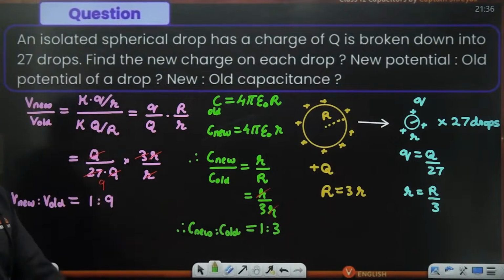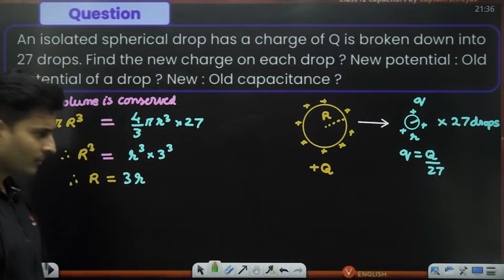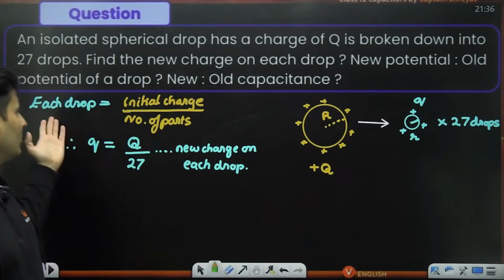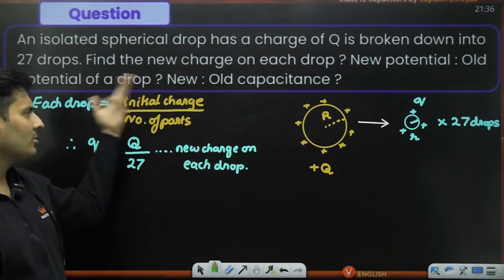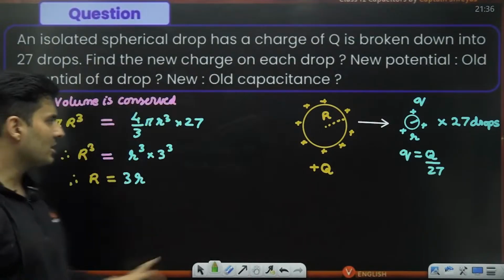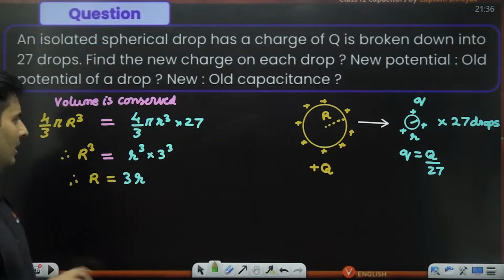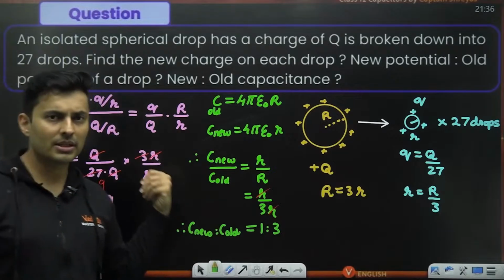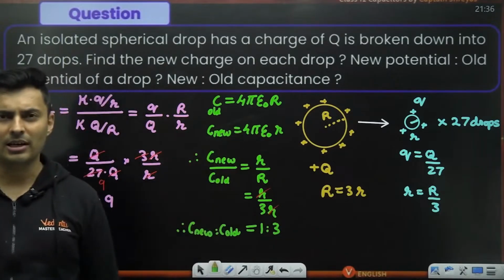That's it. Everything we figured out. So we had to use the concept of volume conservation. We also had to use the concept of charge conservation. So, each drop times the number of parts will be the total charge which was there initially. So it just got divided. We found out each charge, how much it was. We also found out what is the new radius. And once we got the new radius, that's it. We can find potential using the KQ by R formula, capacitance using the 4 pi epsilon naught R formula.